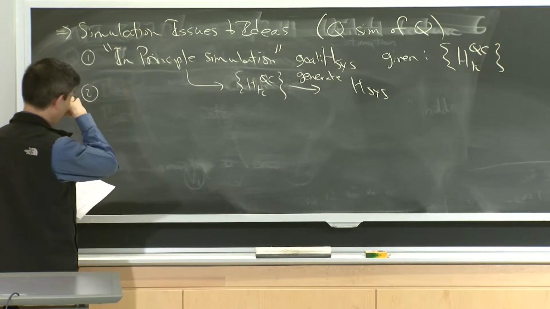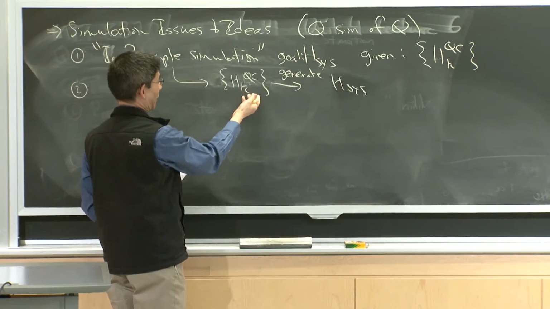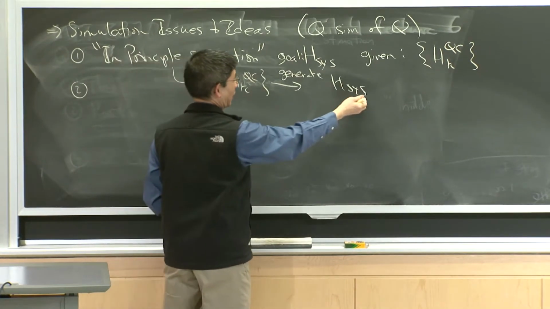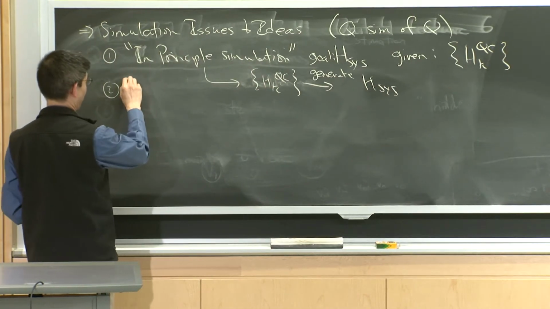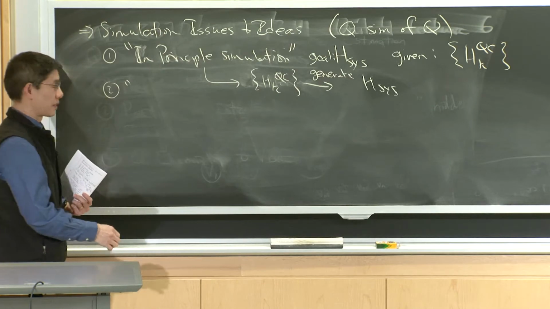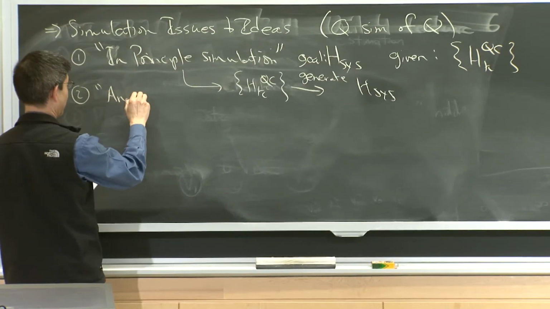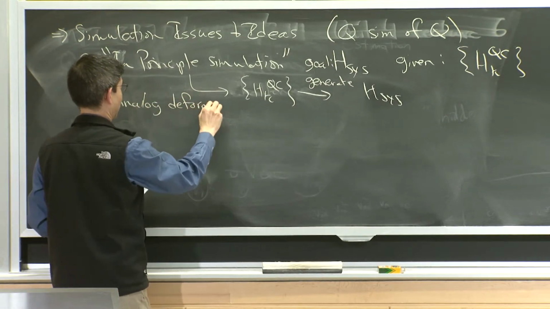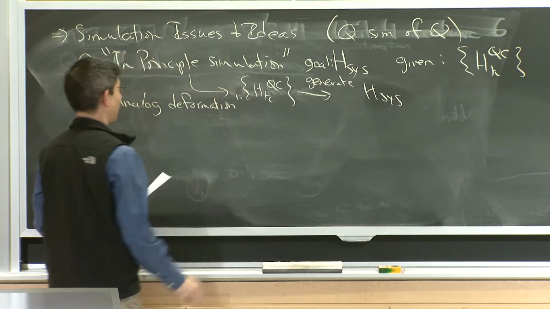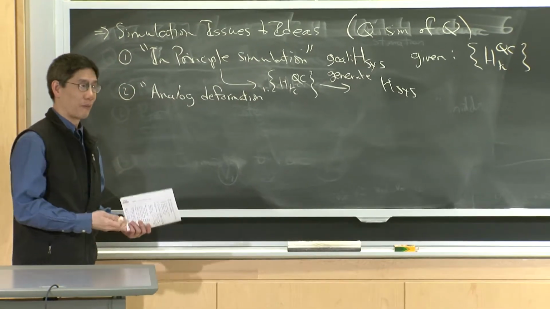A second idea and issue is how does one transform this kind of a set of Hamiltonians into the system that you would like to simulate? And one of the earliest approaches of this is to use analog techniques, which go under the name, for example, of analog deformation.